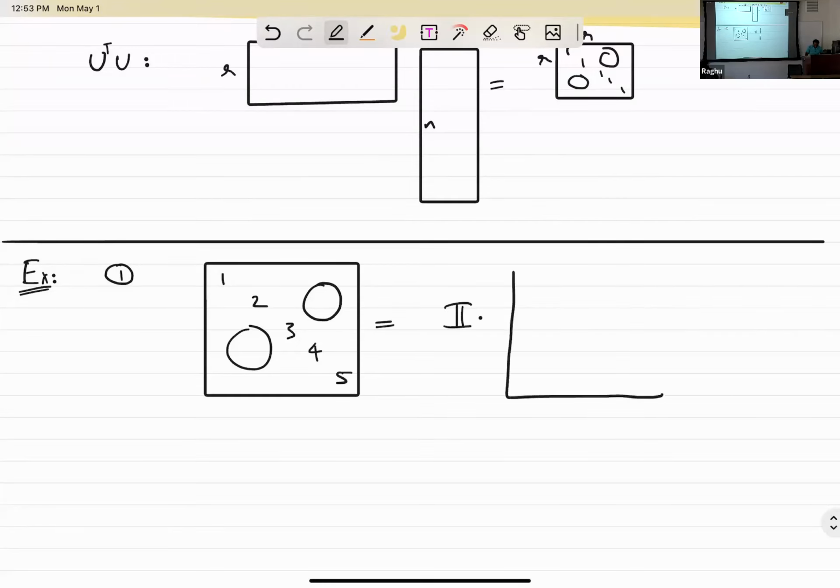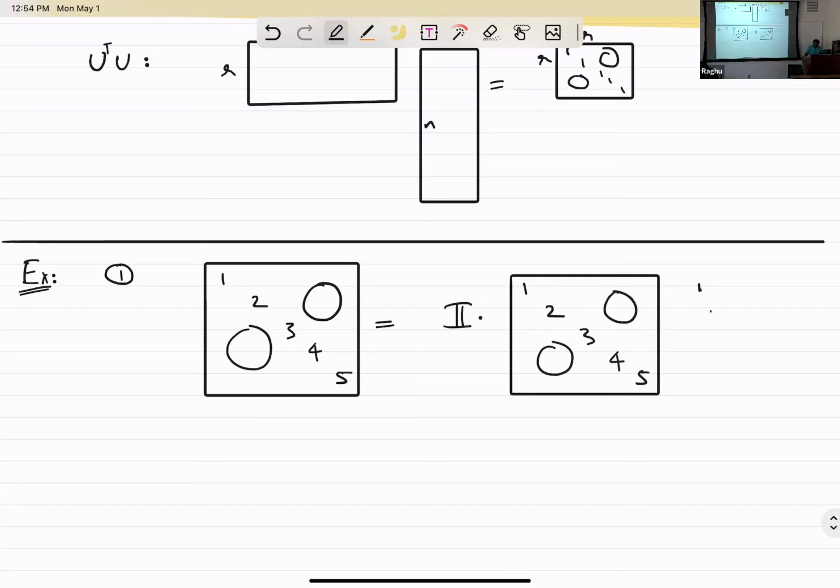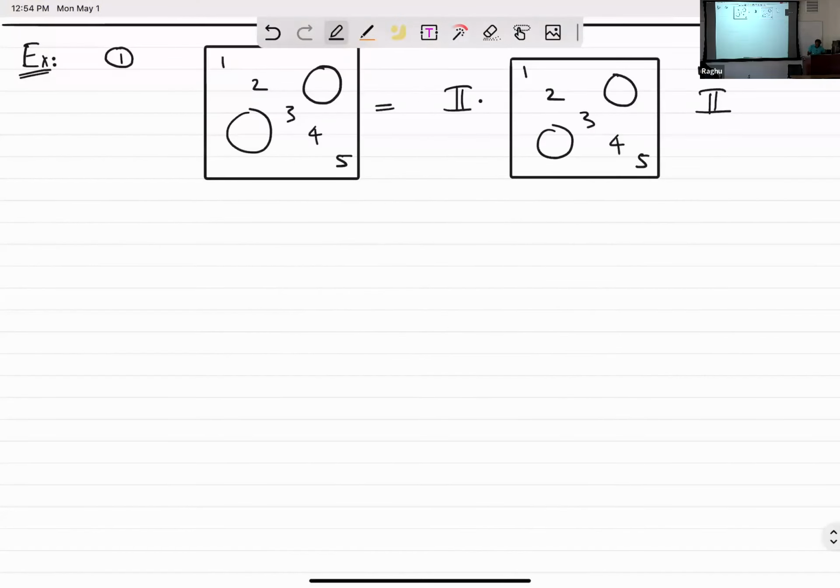Yeah, that works, right? So remember, all we need is the U part to have orthonormal columns, which is true for identity, and the sigma here is diagonal. Okay, good. Maybe that was an easy one.